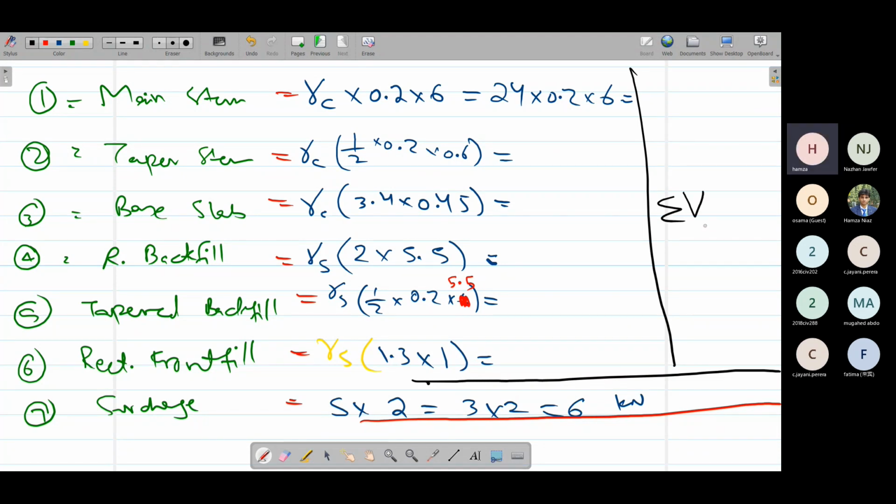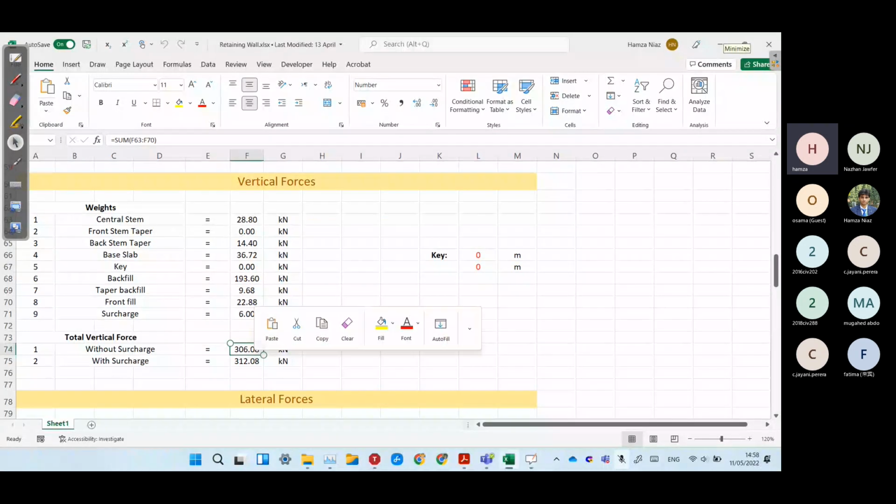That would be our without-surcharge total vertical force. Then we can add the surcharge. So that would be W without surcharge plus 6, the surcharge force. The surcharge force is 6 kilonewton. This way we calculate the sum of all the forces except surcharge, and add the surcharge to that sum to get the with-surcharge value. Any issue in these vertical forces?